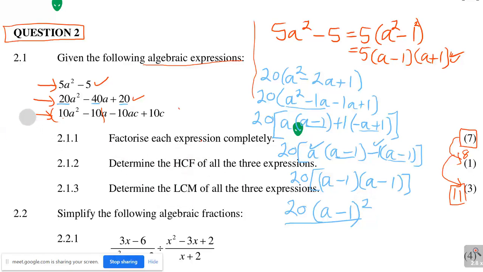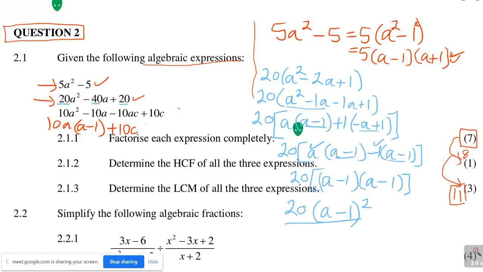Are you with me? So now let's look at this one. This one says 10a. Let's try to group there. What is common in the first one? It's 10a. It will be a there, because 10a into 10a squared is a. Now negative 10a into 10a is a minus 1. Am I right? And then again I'll say plus, because there's a negative and a positive. Plus 10c. What is common?